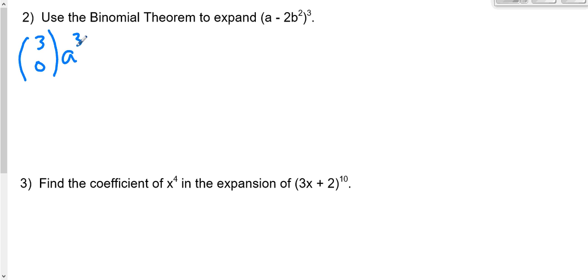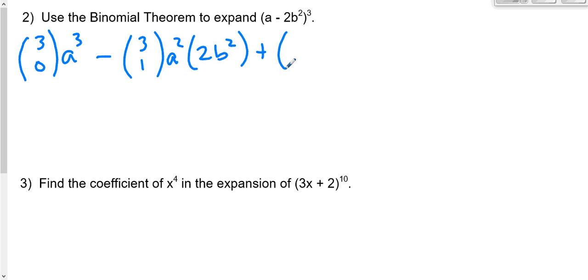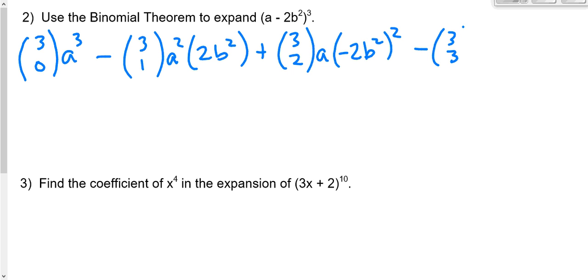And then we have minus, and then we have 3 choose 1, and then we have a squared, and then we have 2b squared, plus, and then we have 3 choose 2, and then we have a to the 1st, and then we have 2b squared to the 2nd, and then we have minus, and then we have 3 choose 3, and then we have a to the 0, and then we have, oops, okay, I'll go back and fix that in a second, and then we have 2b squared to the 3rd. You see my oops? I put an extra minus sign in there. Okay, all better.